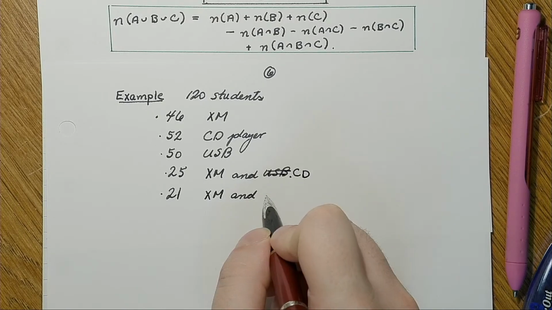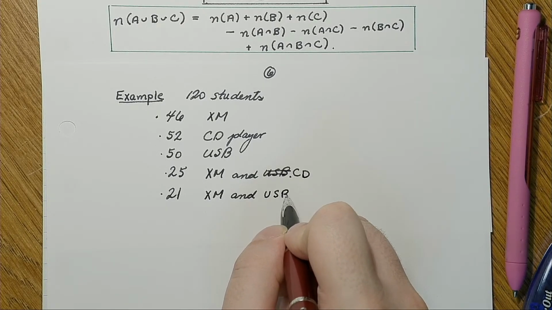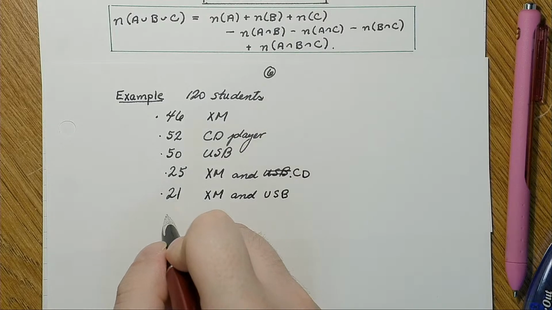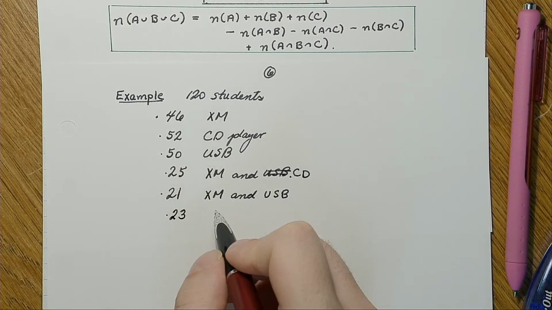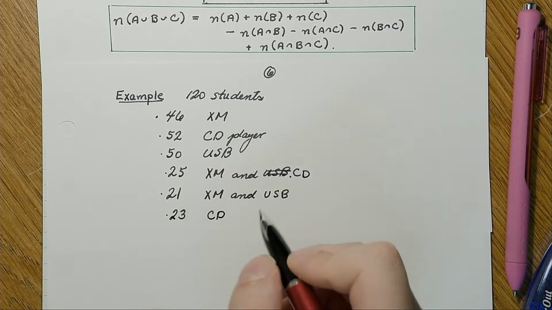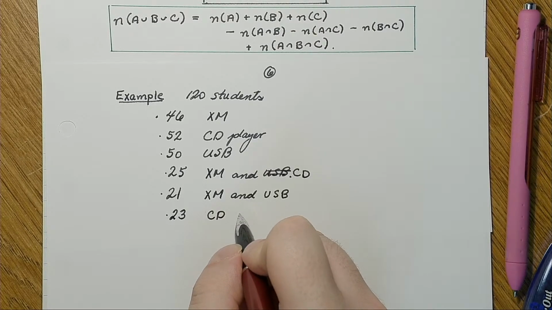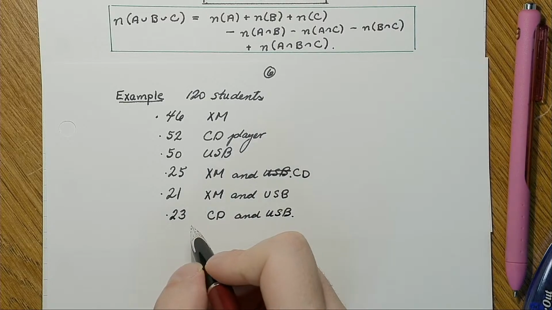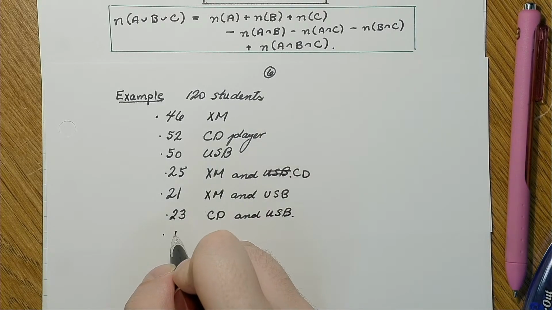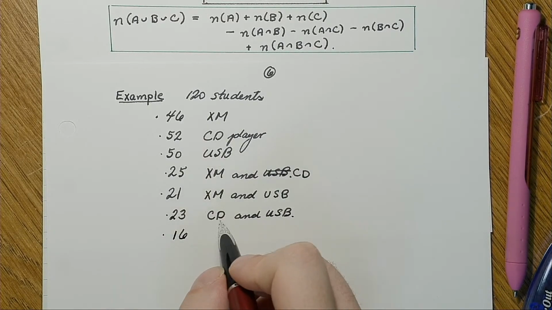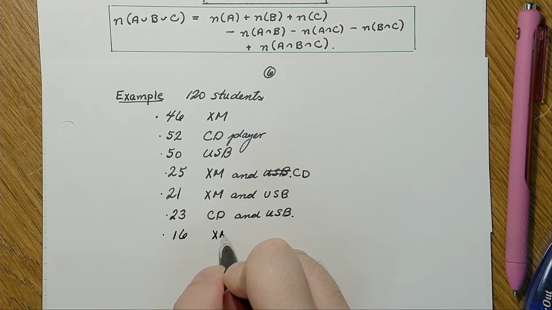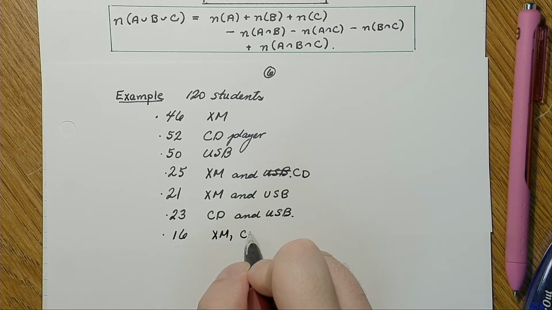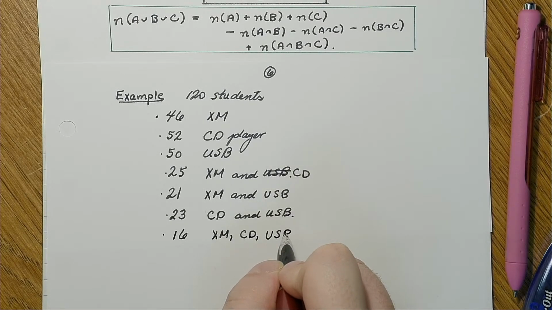Had a CD, and the other one had a USB. 23 said that they had a CD and a USB. And lastly, 16 had all of them. So they had XM, CD, and a USB.